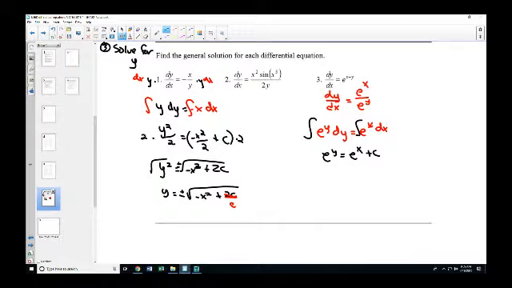Well, what's the inverse of an exponential? Yeah, log base e, so natural log. So we're gonna... Right. So this would be y equals natural log.